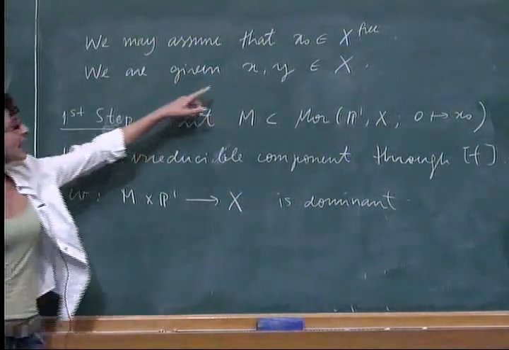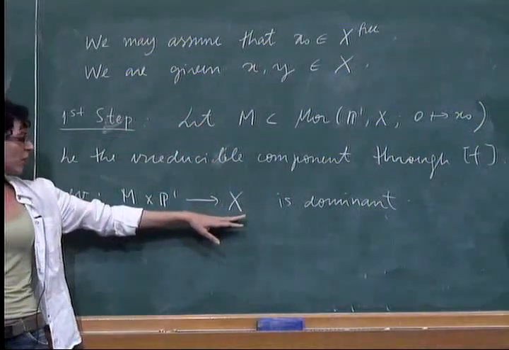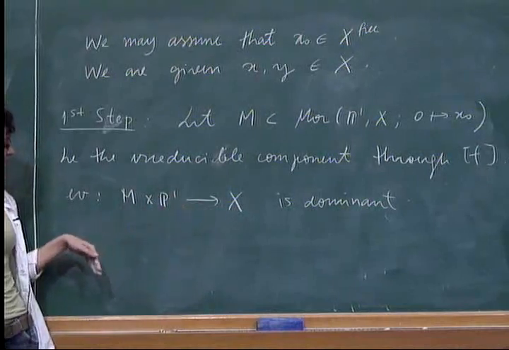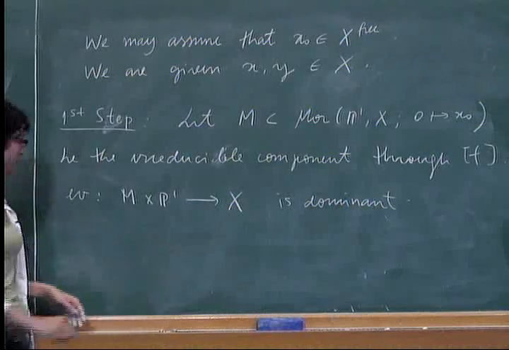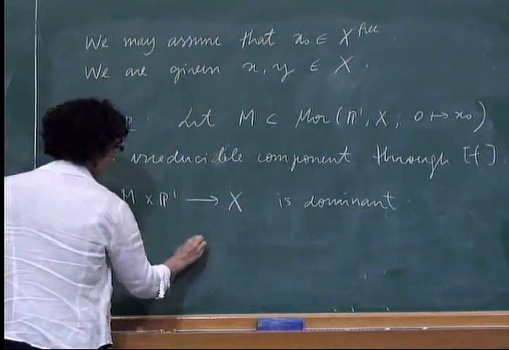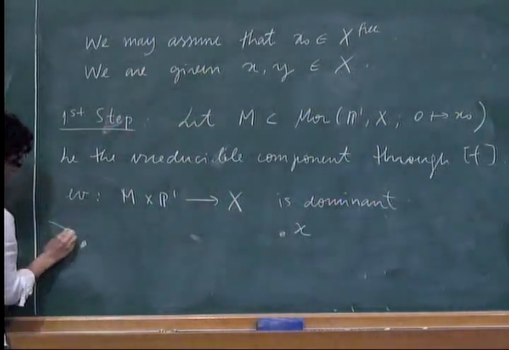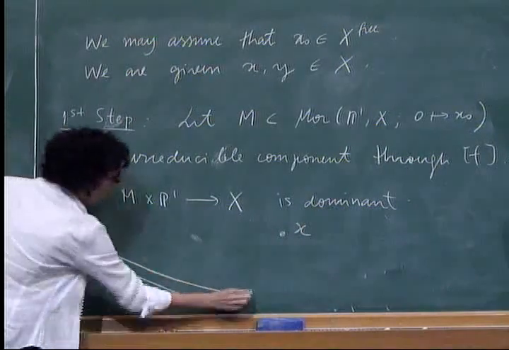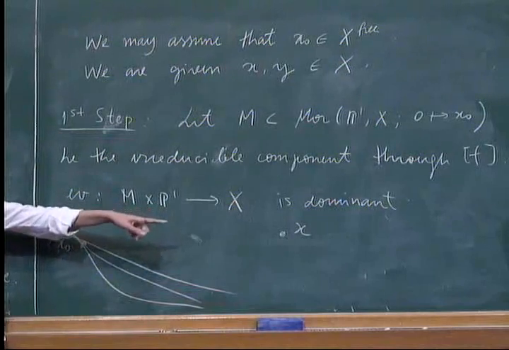The point x may not be in the image of this morphism, but because the morphism is dominant, it will be in the closure of the image. So we can find a family of rational curves that all pass through x0, for which the closure of the family will contain the point x.